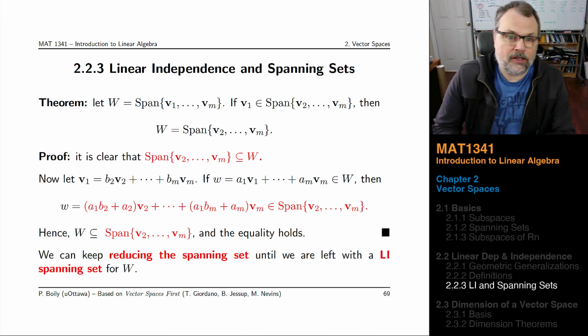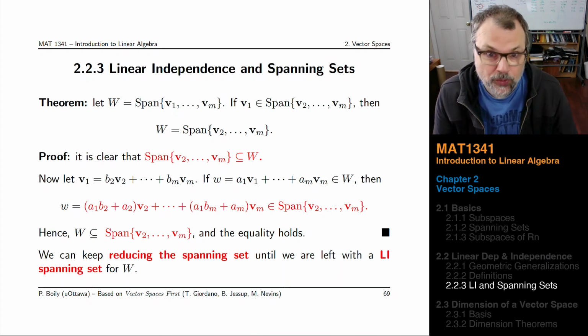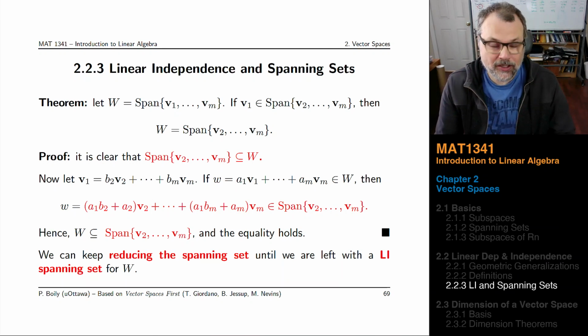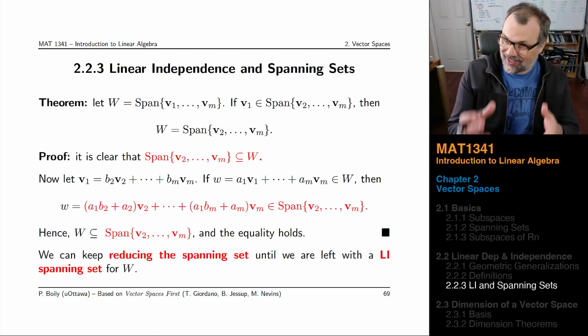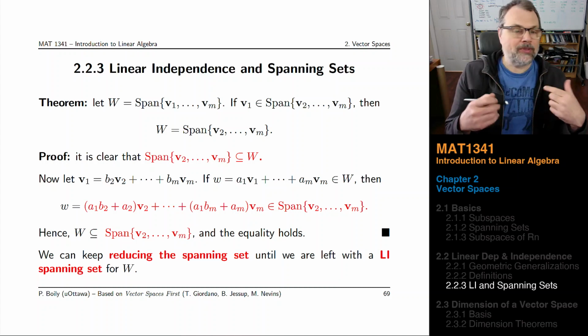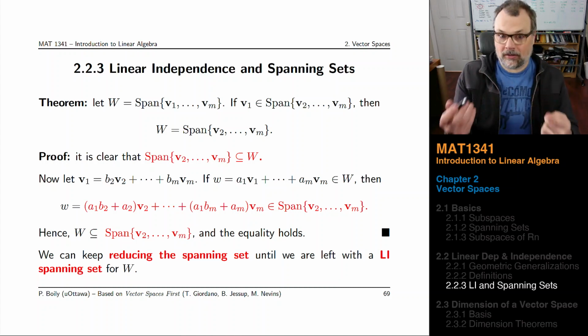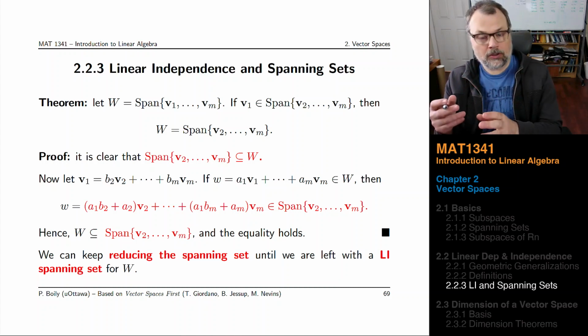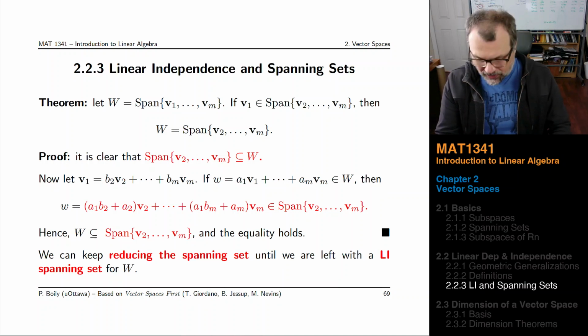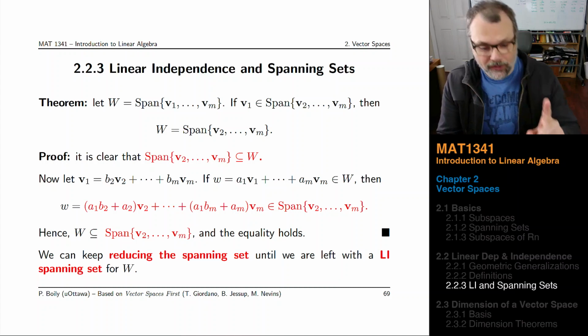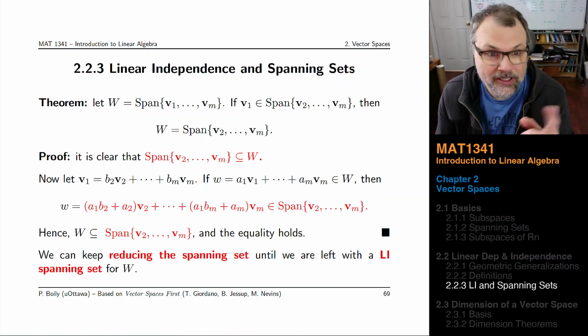And so there are ways for you to remove redundant vectors from a spanning set and to obtain the same span with a smaller set of vectors. As a theorem, there's only one thing to prove here. This is not an if and only if statement.